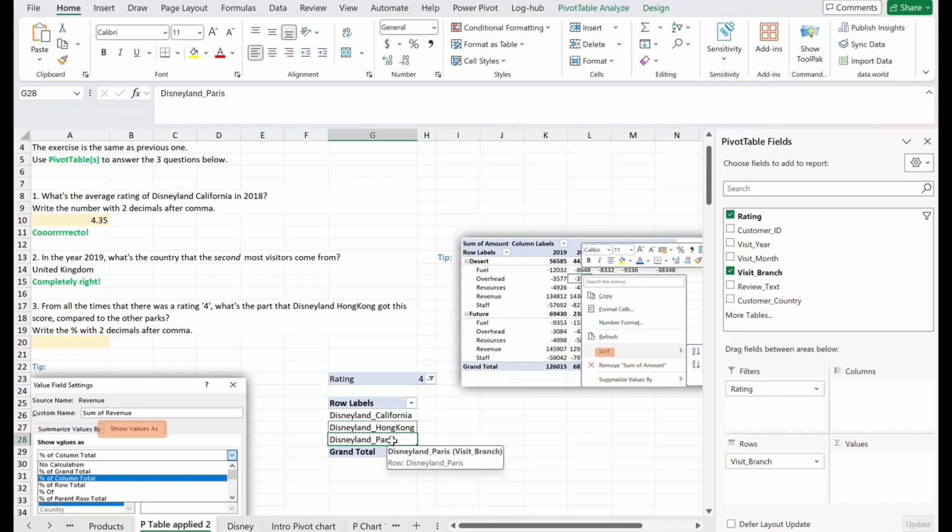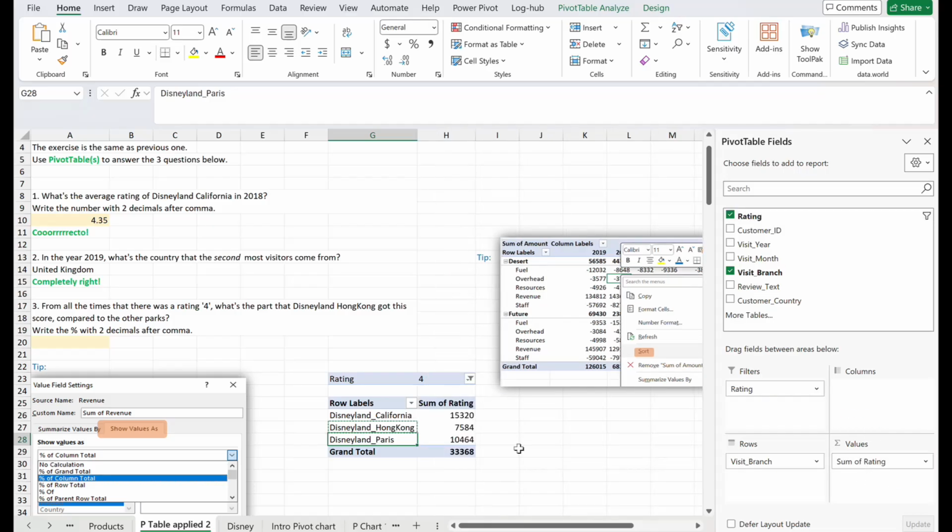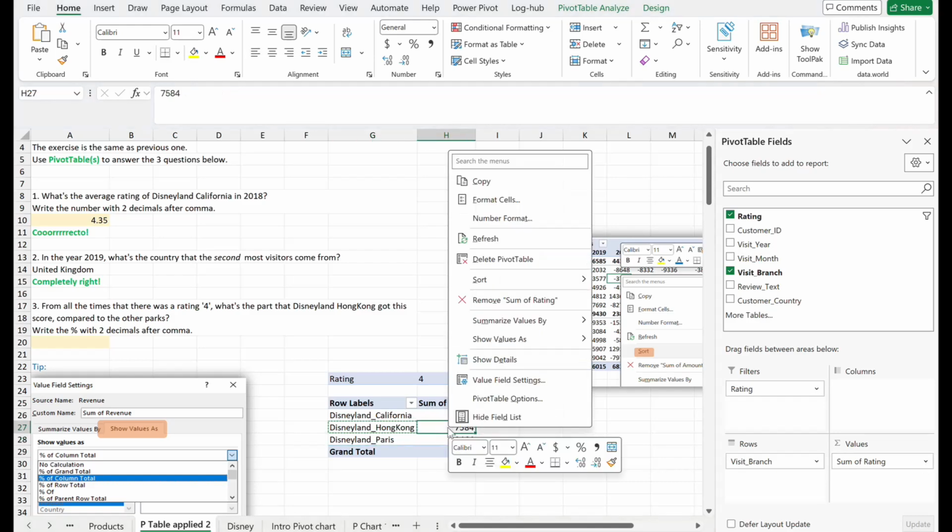And what's the part that Hong Kong got this score? Let's try this. It's not the sum, but let's just count.